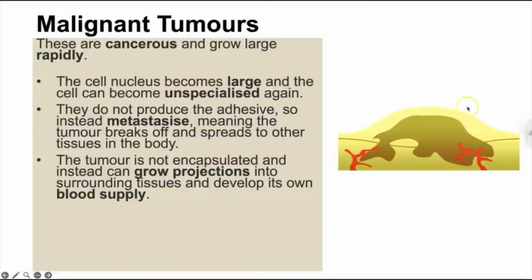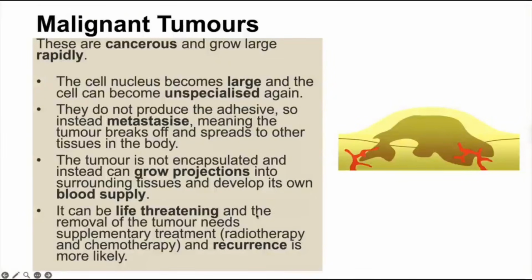The tumour, as I said, isn't encapsulated, and that also means it can grow out projections and reach a blood supply. As soon as it gets a blood supply, it's got lots of glucose and oxygen for respiration, which is why it can divide so rapidly. It can be life-threatening, and as well as trying to remove tumours, you can also have treatments such as radiotherapy and chemotherapy.